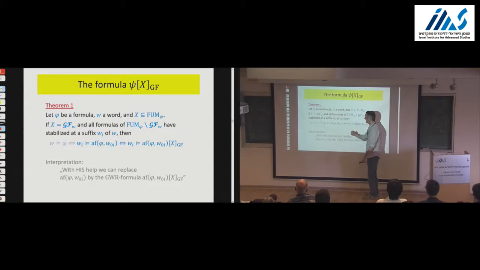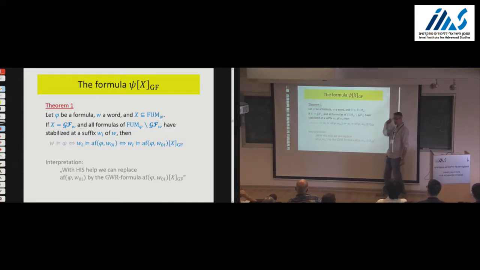And imagine further that you take a suffix, W_i, and that suffix is beyond the stabilization point, so all other formulas are not going to hold anymore. Then the suffix i satisfies this formula, and remember that's equivalent to the word W satisfying the original formula, if and only if the suffix i satisfies this formula.